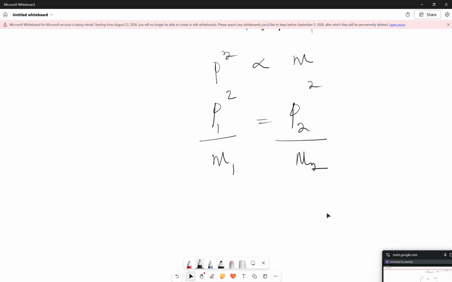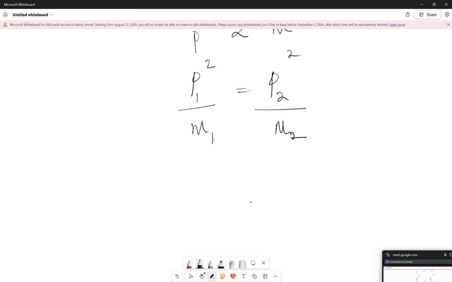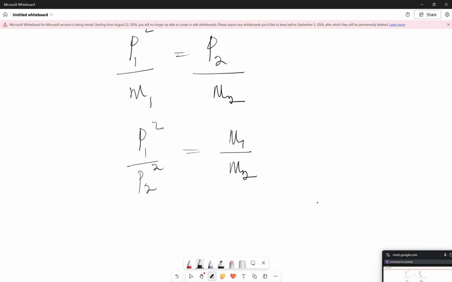So which implies that if you want to compare the momenta, let's say you have p1 squared, you bring this p2 under this, equals m1 over m2. Are we still together? Yes, sir. Okay.